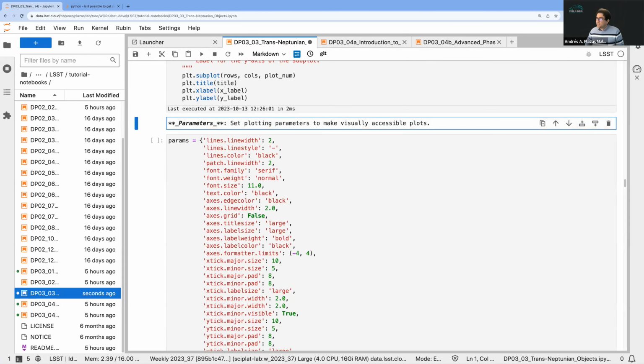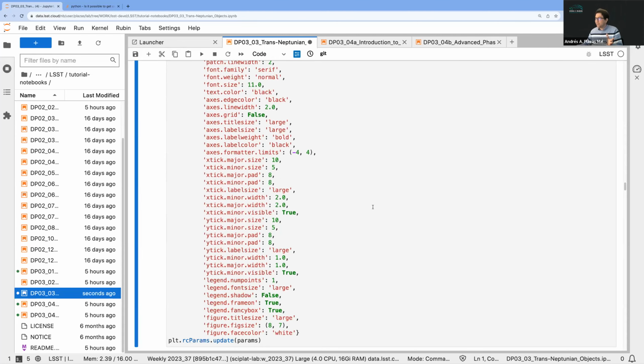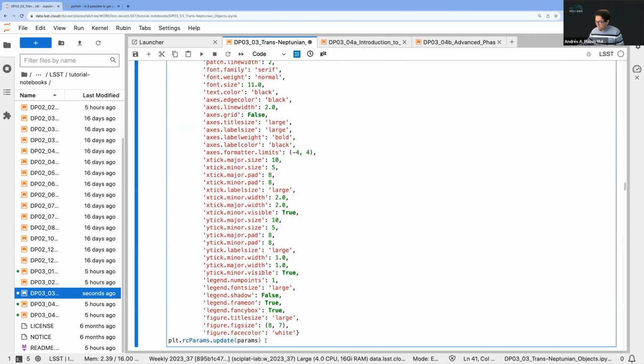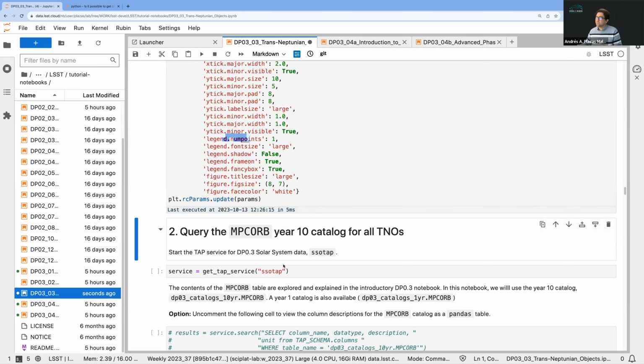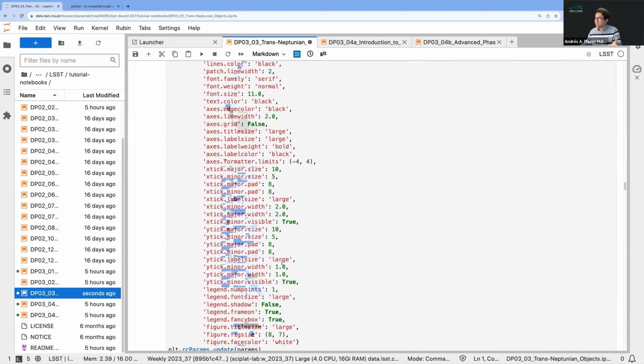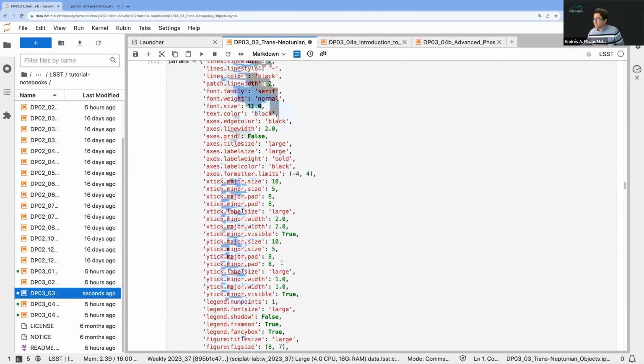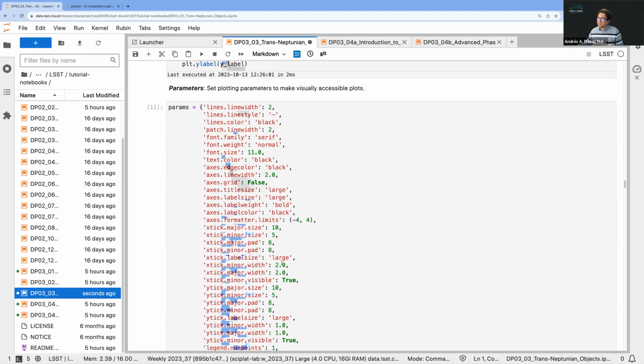We have then another cell, and again, this is just to make our plots prettier. These are just particular choices that were made to make the plots look a certain way, but feel free to explore that. One thing that we always want to keep in mind is whether the color palettes we use are friendly for people who are blind or visually impaired.